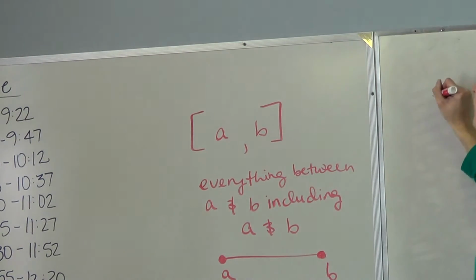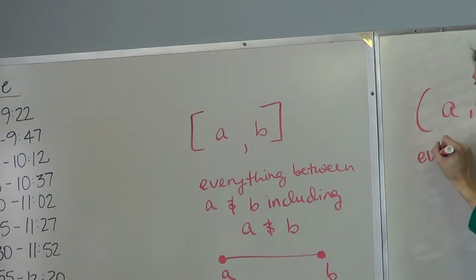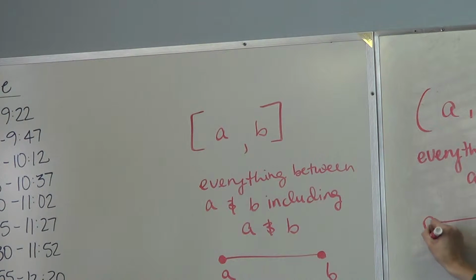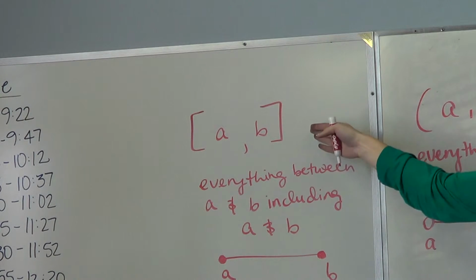And if they are parentheses, that's just everything between. So that does not include the A and the B. And if that is the case, the extreme value theorem does not apply. It has to be a closed interval.